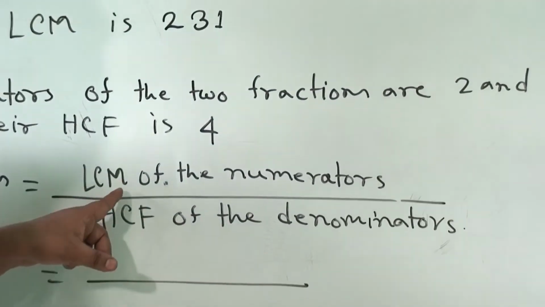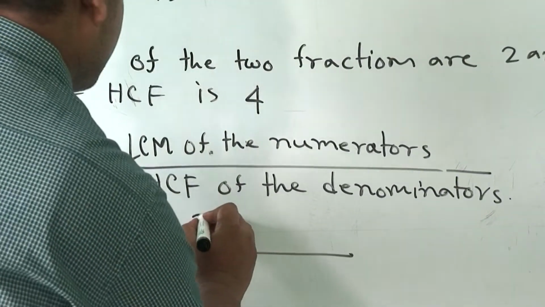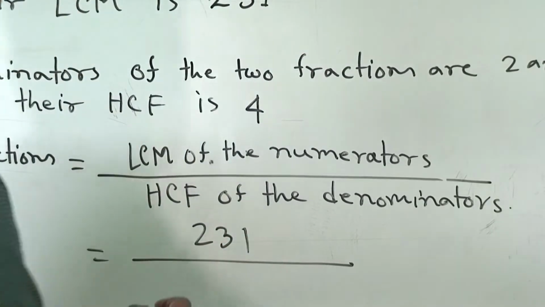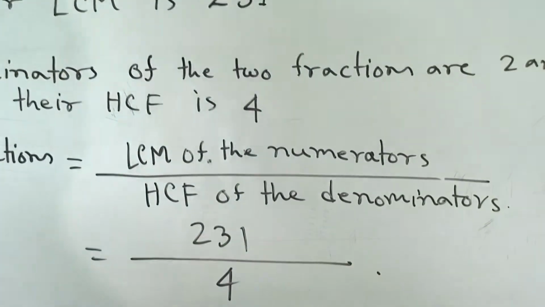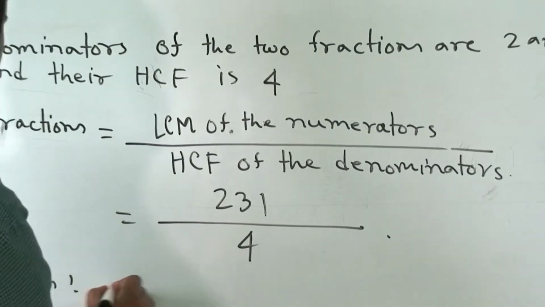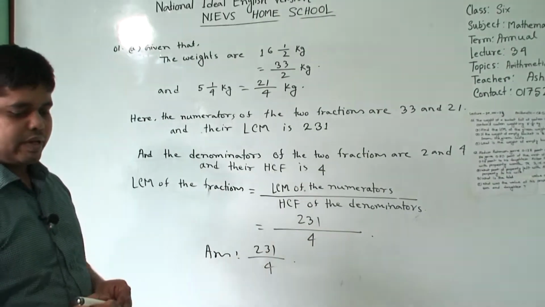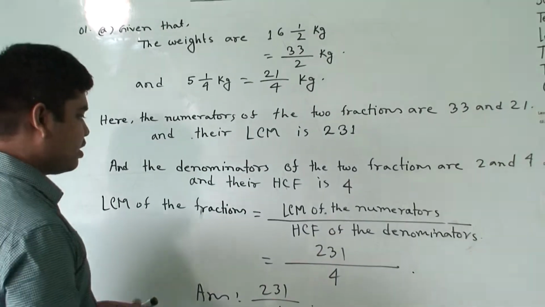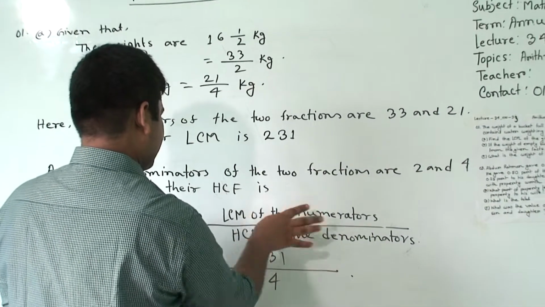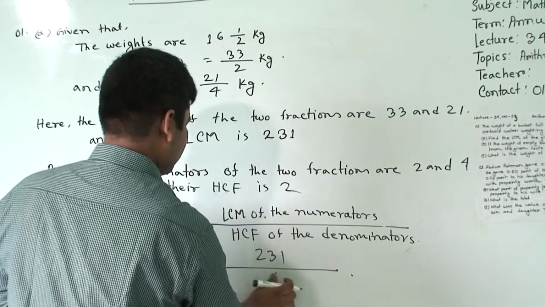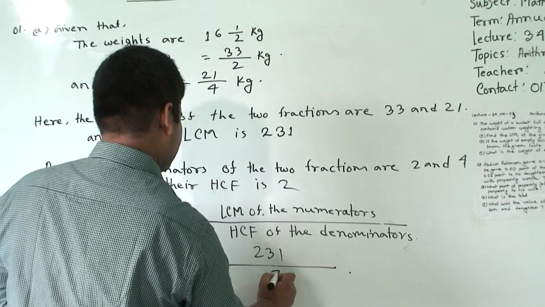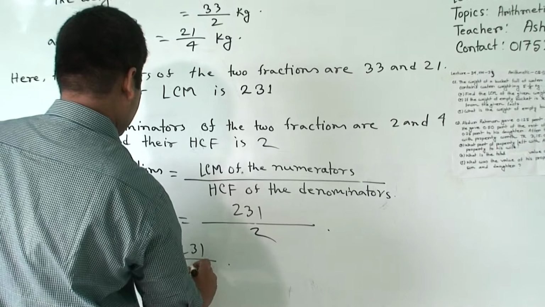Now LCM of the numerators is 231 and HCF is 4. So this is the answer, 231 by 4. I hope you have understood. Sorry, this is not 4. HCF is 2. So it is 2.